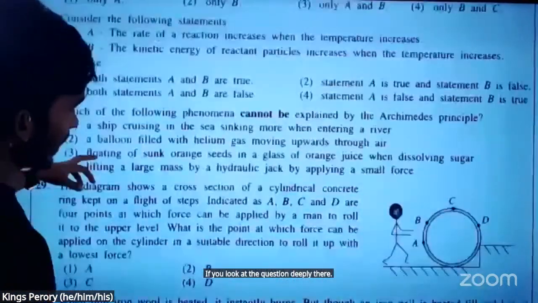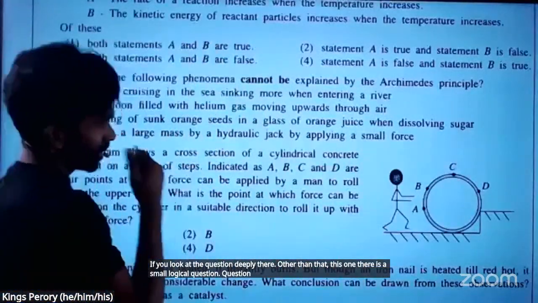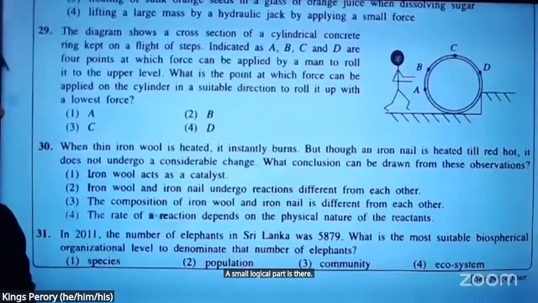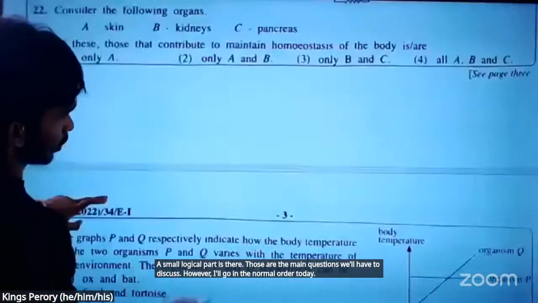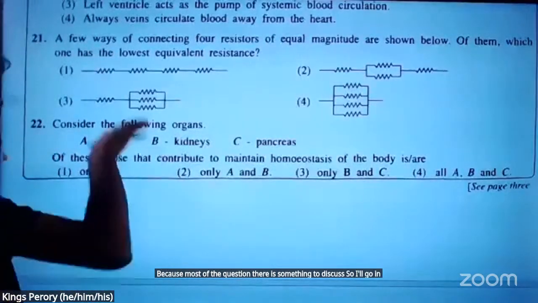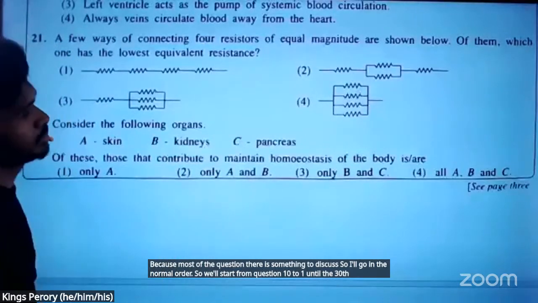Other than that, in question number 29 there is a small logical part. Those are the main questions we'll have to discuss. However, I'll go in the normal order today, from question 21 until the 30th question, because most of the questions have something to discuss.